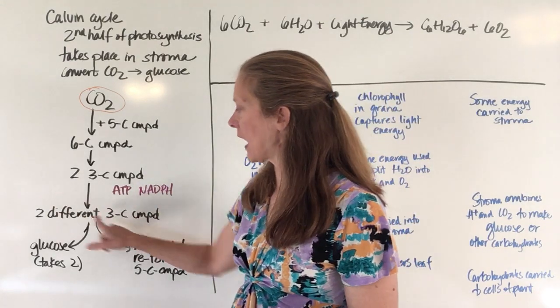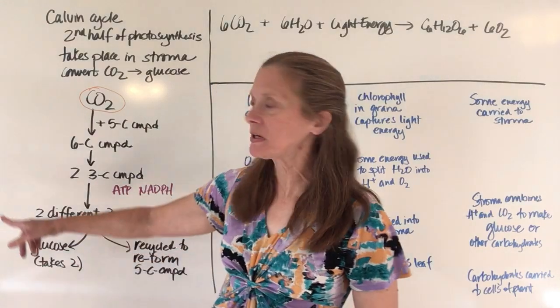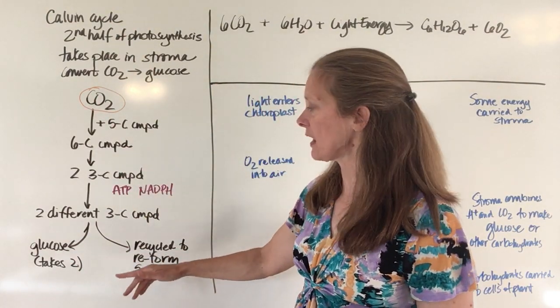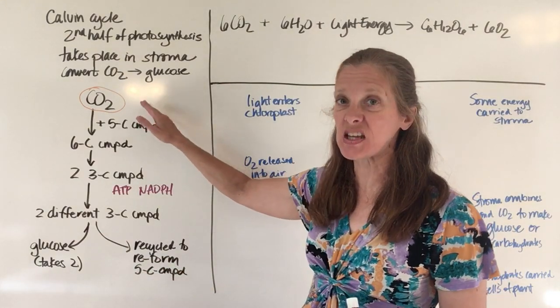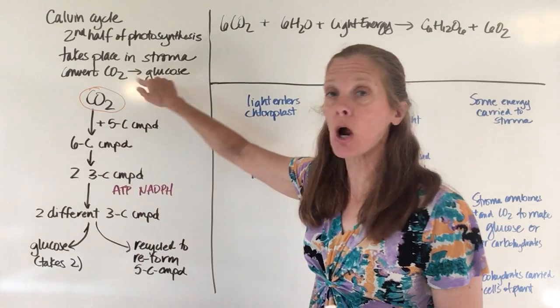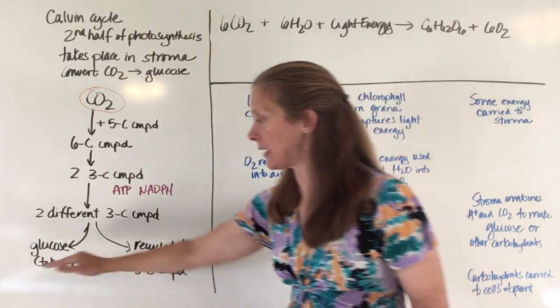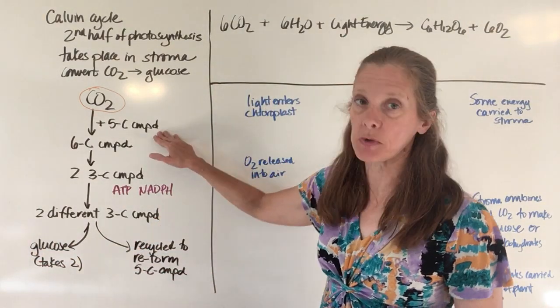Well, right now, I just have 1 3-carbon compound available, so I'm going to have to take another CO2 and run through this again. Eventually, it's going to take a total of 6 carbon dioxides running through this cycle to completely make glucose and to recycle this 5-carbon compound.